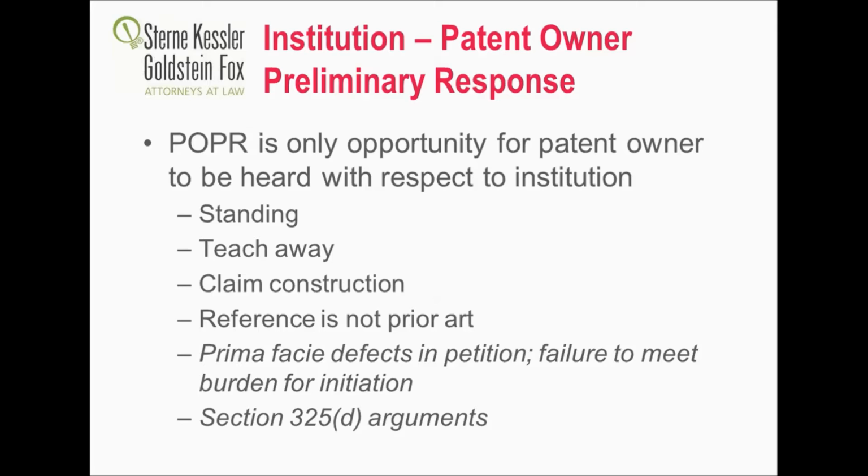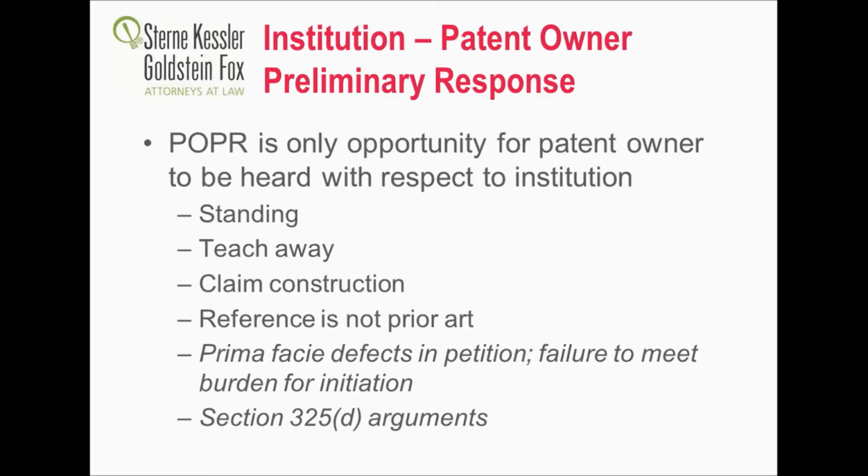Whether the art teaches away, because it perhaps rightly thinks that petitioners are unlikely to point out art that teaches away in their petitions. Claim construction: if you want to be heard on claim construction, you can almost view the petition and the preliminary response as a mini Markman, because in the trial institution, almost invariably the board is construing claims that it finds to be important or relevant or dispositive to the proceeding.